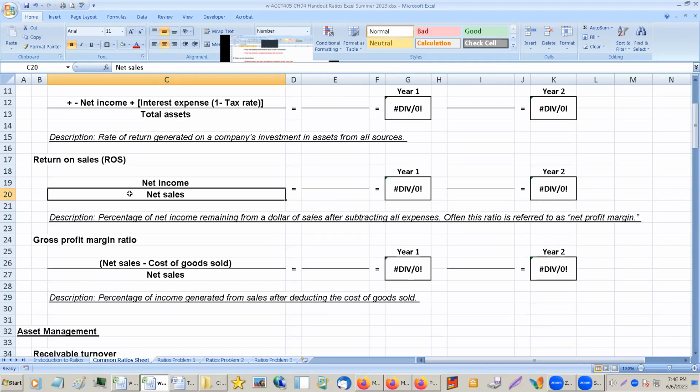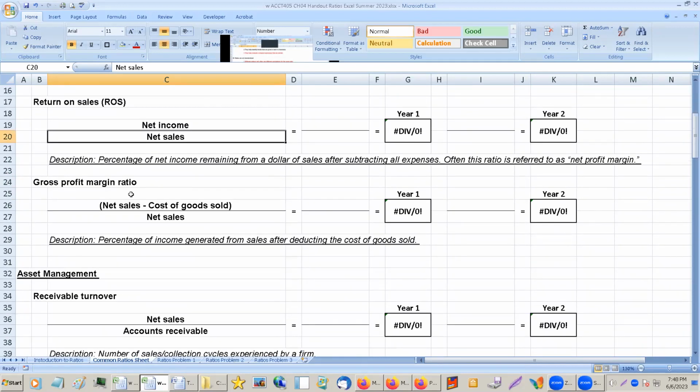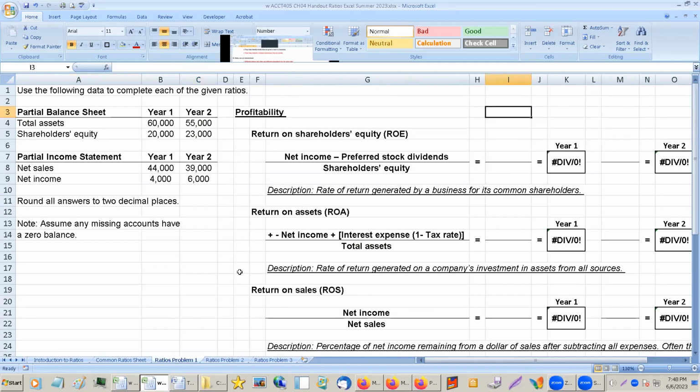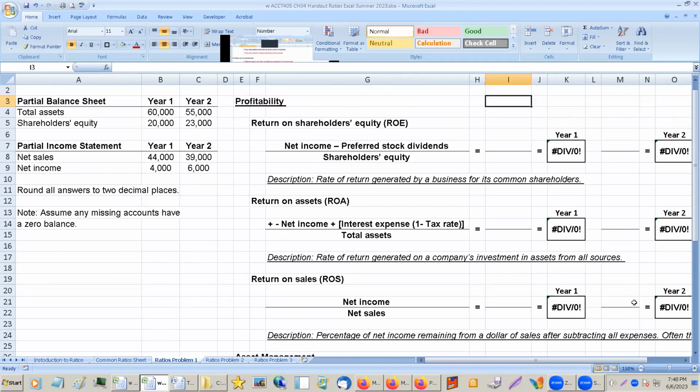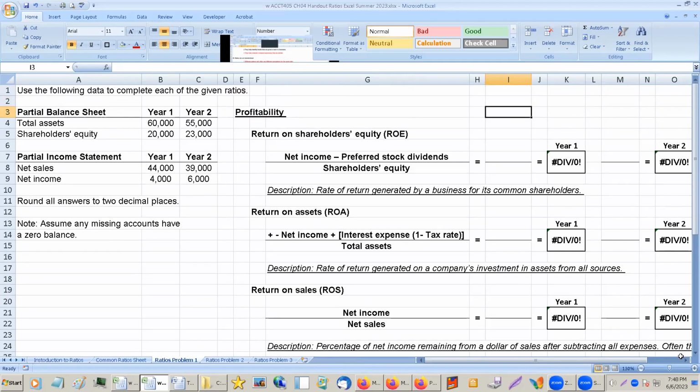And I use the same formulas for these that the textbook does. And yeah, there are different ways of doing it. Okay. All we're going to do is plug in the numbers here, and this will calculate our ratios for us. So let's go to ratio problem 1.